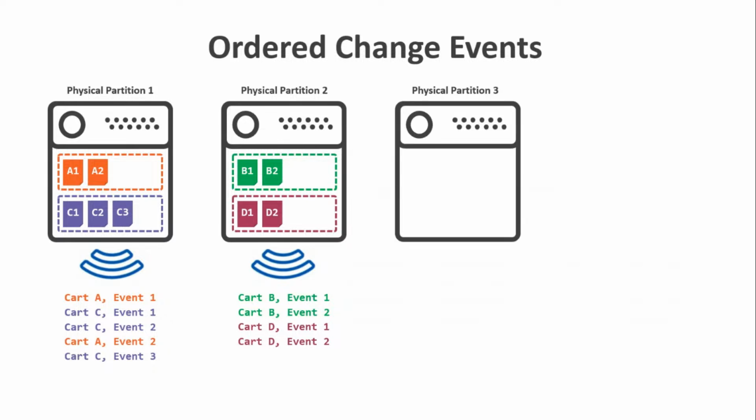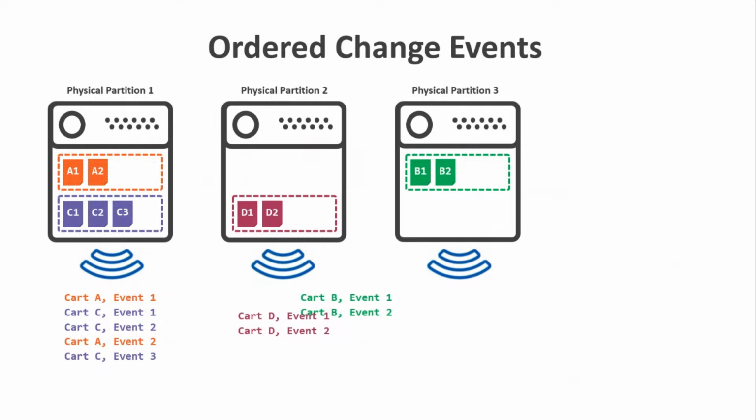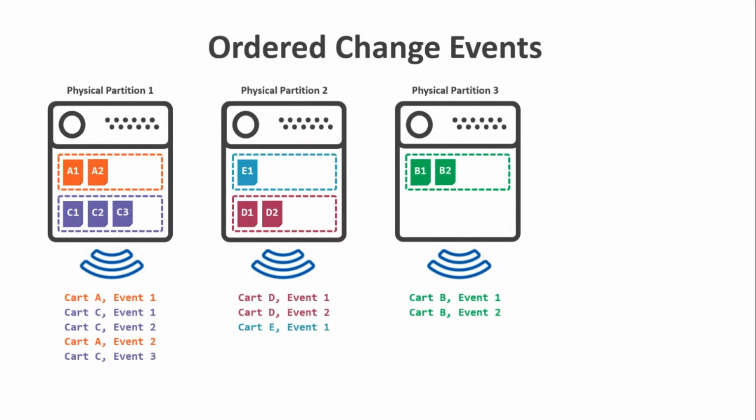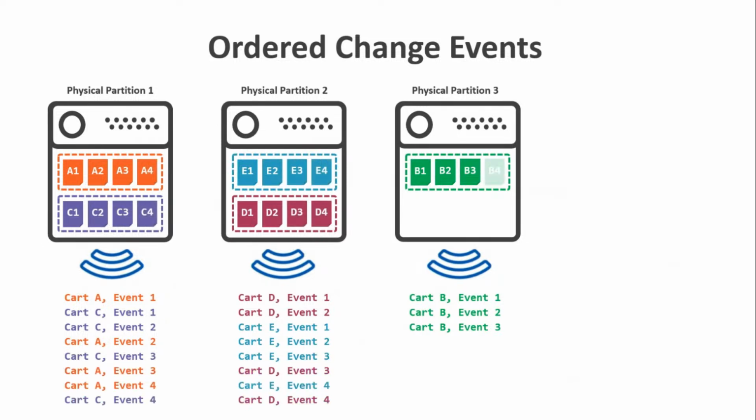Now, at some point, this is going to scale elastically. Cosmos DB will spin up a third physical partition, which of course will have its own change feed, and then roughly half of the logical partitions from the partition being split would move over. I've only got space on the slide to show one. Simultaneously, those persisted events from that change feed would then migrate over as well, maintaining their sequence within each cart, even as more shoppers come along and it continues to scale elastically, right?